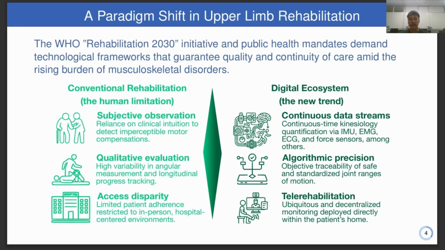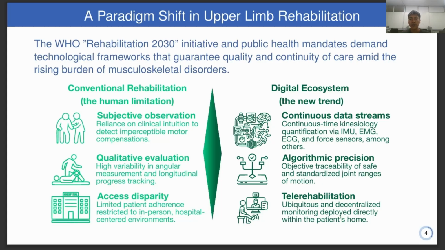Today, assessment depends too much on subjective observation, making it hard to detect small, incorrect movements. Traditional tools also create high variability in data, and patients face strict access barriers because therapy is restricted to hospitals.